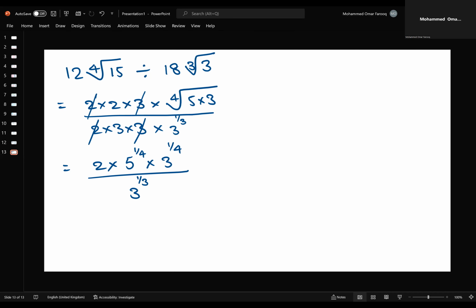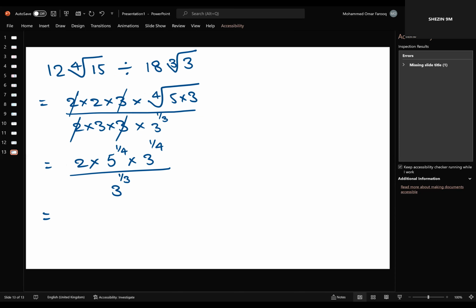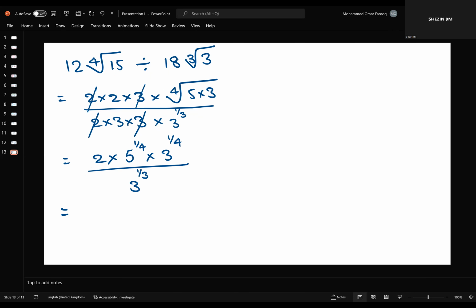Understood? Sir, how did 5 to the 1 by 4 come? See, the fourth root of 5 into 3. What did we do in the previous problem? If it is root 5 into root 3, I write it as root 5 into root 3. The root belongs to both of them in multiplication and division, not in addition and subtraction.